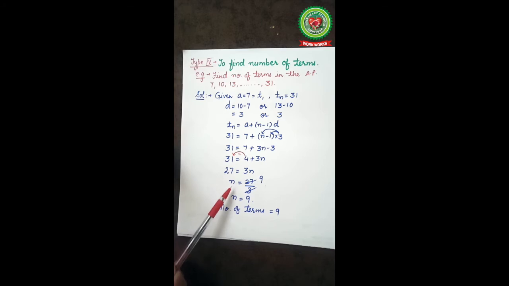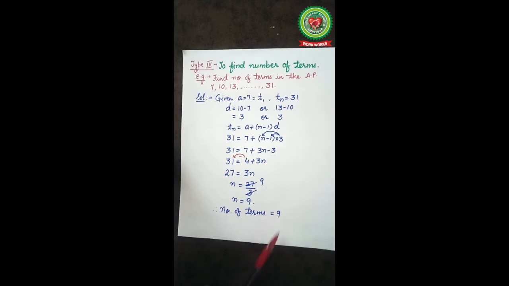On shifting 3, we will get the value of n, that is coming out to be 27 upon 3 is equal to 9. So here the number of terms in this AP is 9. Always remember, the number of terms can't be negative, can't be zero, can't be fractional. It must be a natural number.